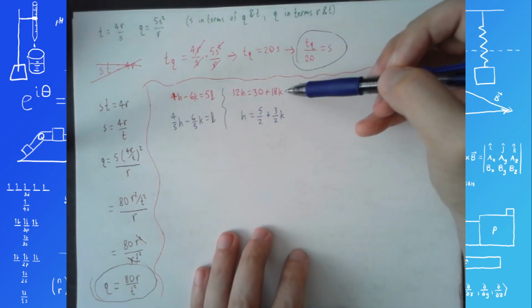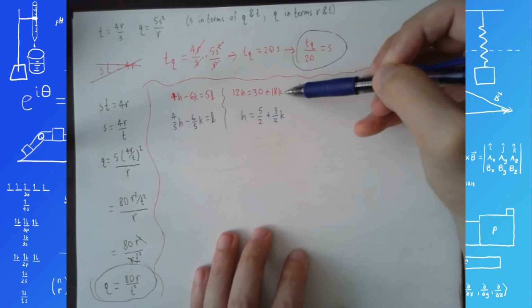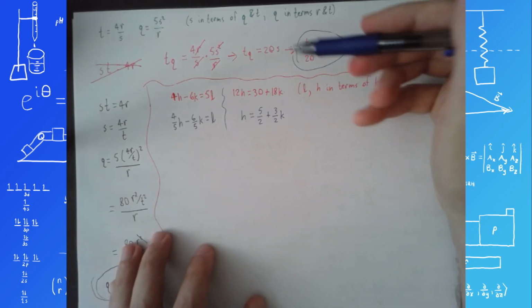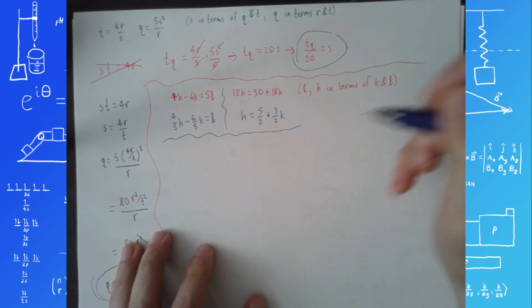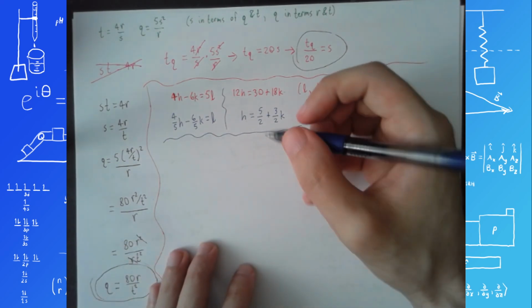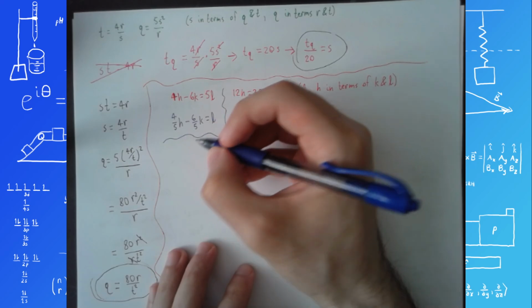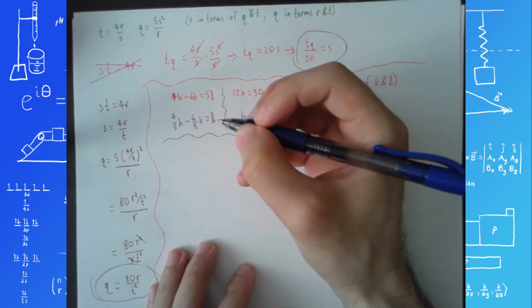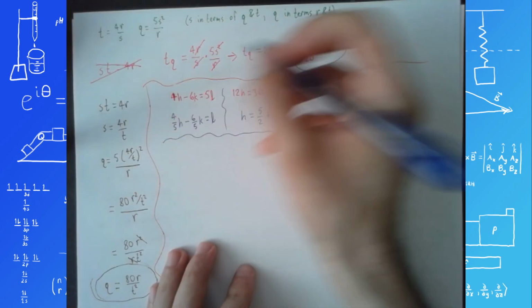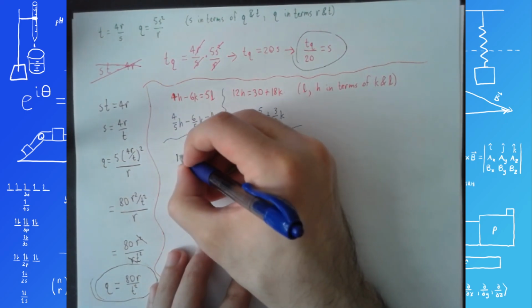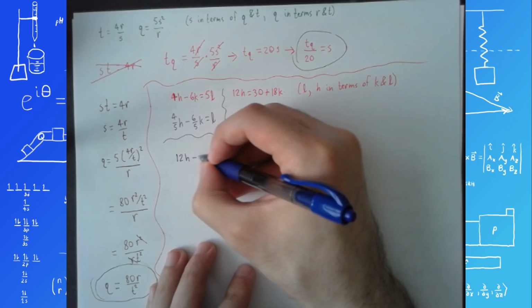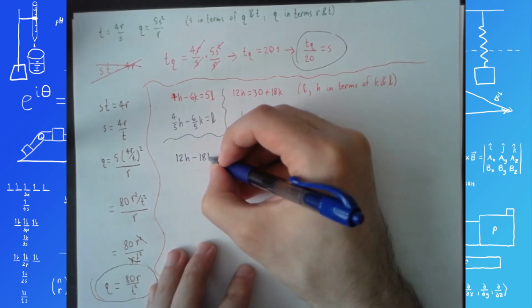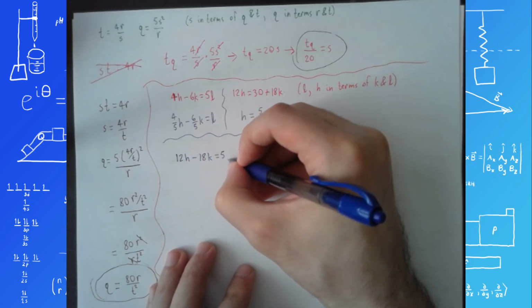And then if I put that together with the second equation, I should be able to eliminate k. So if I multiply this equation by 3, I would get 12h minus 18k equals 5L.